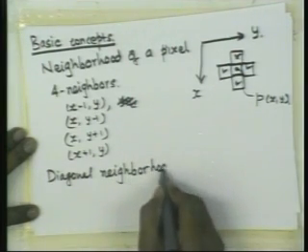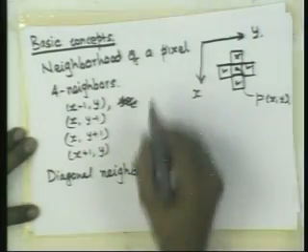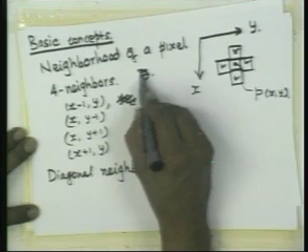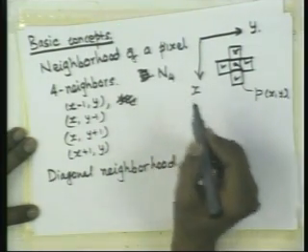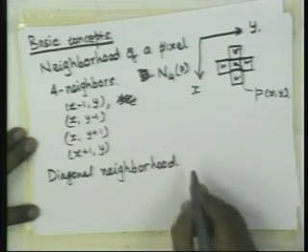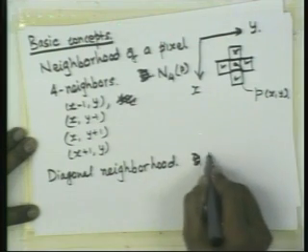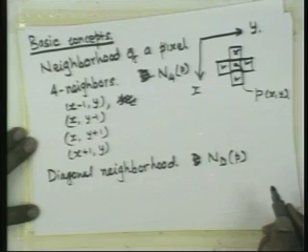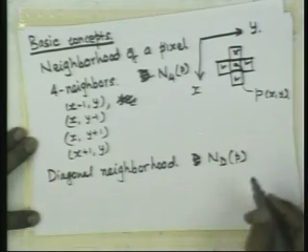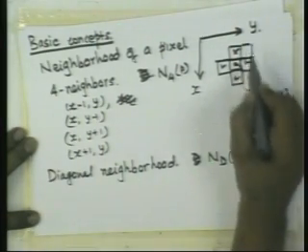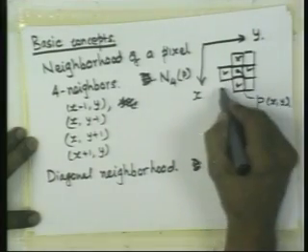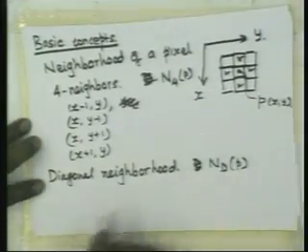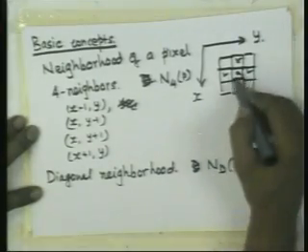This will be called N4, neighborhood 4 of P, and this will be called the diagonal neighborhood of P. The diagonal neighborhood is basically these other 4 pixels which are not directly in the x direction or y direction, but which are displaced by both x and y.